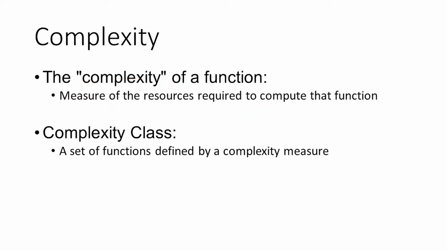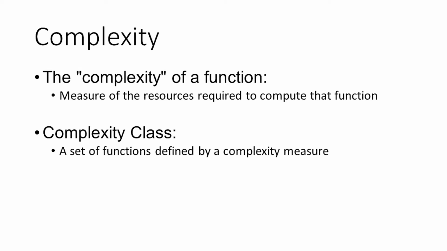So now, something that we like to do with this definition of complexity is talk about things called complexity classes. Complexity classes are essentially organizing functions according to their complexity measure, so that we can group together all of the functions that use, say, a similar amount of resources.